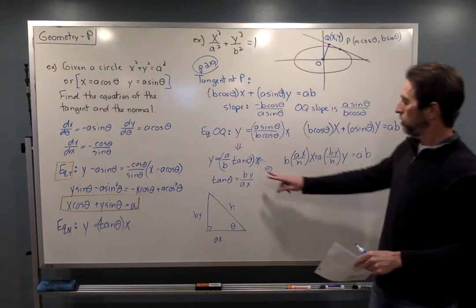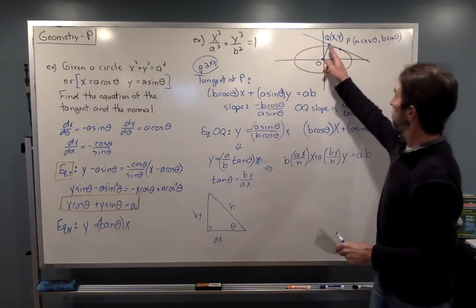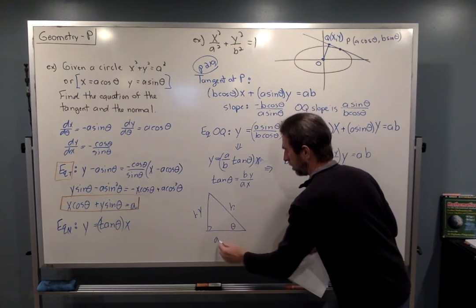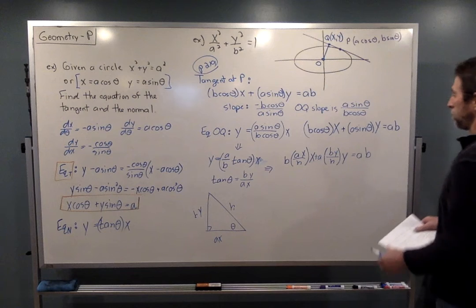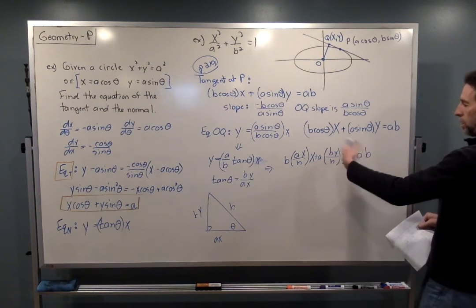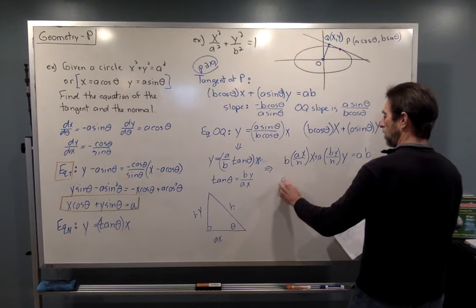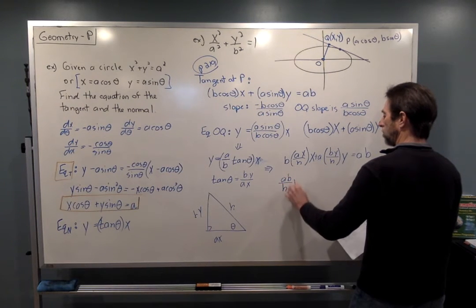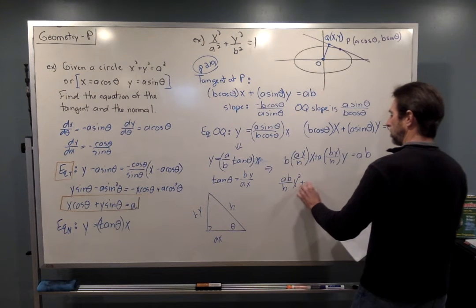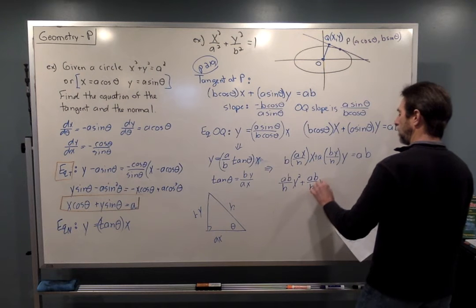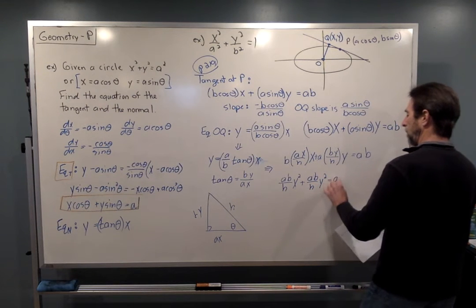And again, this is going to be the capital X because it goes to that point. So these should be capital values. Should use subscripts probably. Now, if we look at this more closely, the whole thing becomes AB over h x squared plus AB over h y squared equals AB.